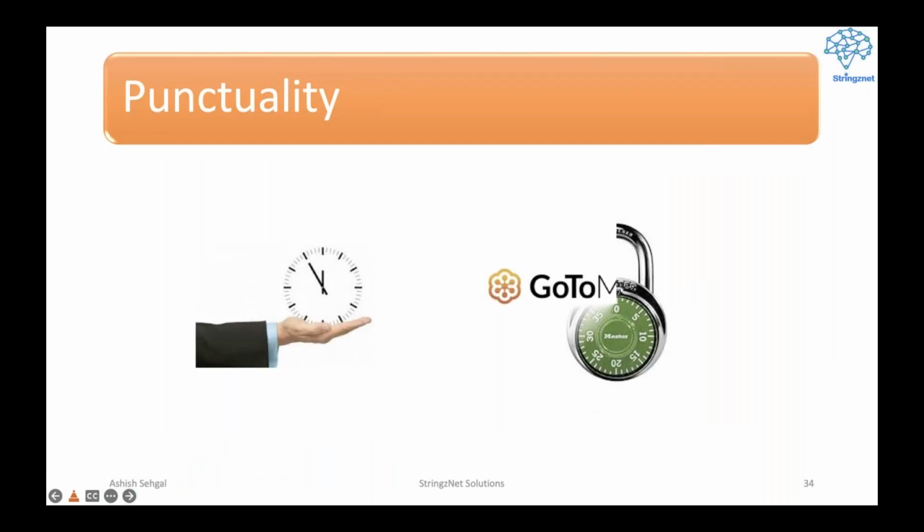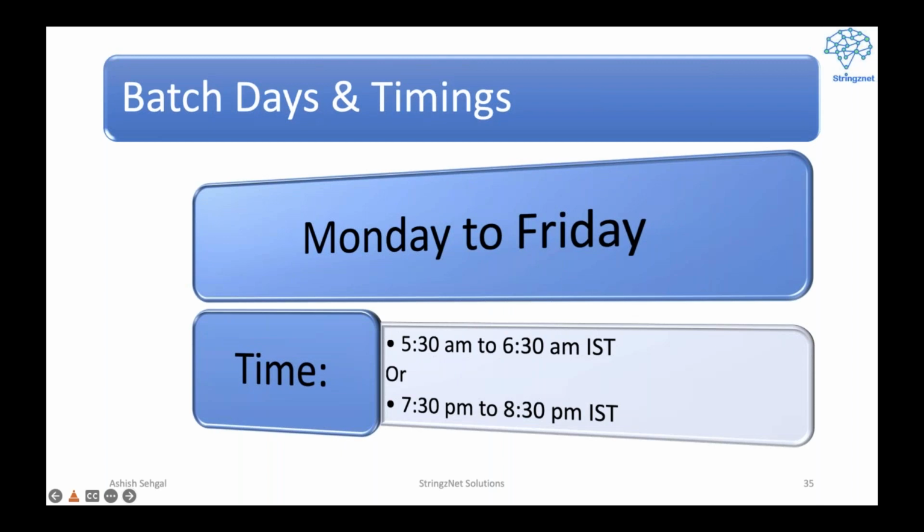Punctuality is key to our success, as we all know. I do not believe in locking the classroom. Earlier I used to adopt this practice, but the important thing is please be punctual. Now, what does punctuality mean? The class sessions will be Monday to Friday.